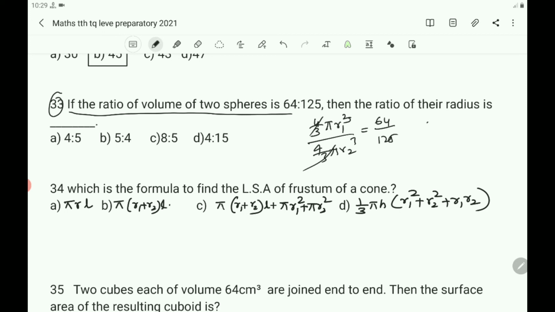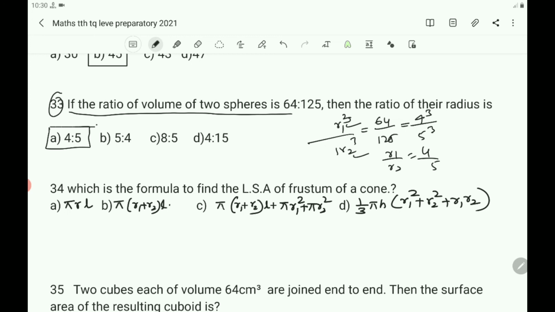Then r1 by r2 is the cube root of 64 by 125. 64 is 4 cube, 125 is 5 cube. So r1 cube by r2 cube equals 4 cube by 5 cube. So r1 by r2 equals 4 by 5, that is 4 is to 5.